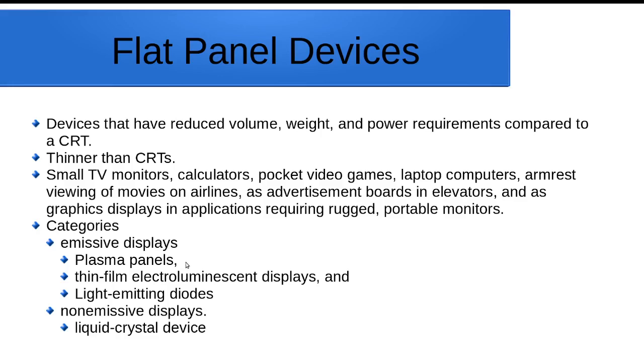So wherever we have emissive displays, we will use electrical energy, and definitely there will be conductors, and we will apply some techniques to display the lights. We convert this electrical energy into light, which will be visible to the viewers. Examples of such flat panel displays are plasma panels, thin film electroluminescent displays, and light emitting diodes.